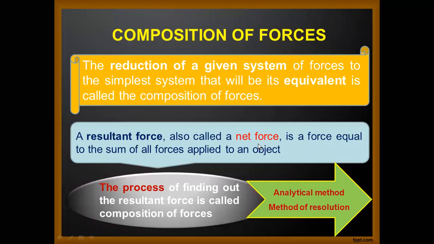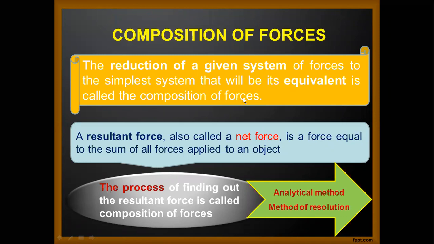Next one, what do you mean by composition of forces? As the term itself indicates, composition means together. The reduction of a given system of forces to the simplest system that will be its equivalent is called composition of forces.